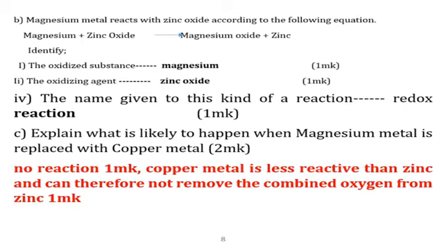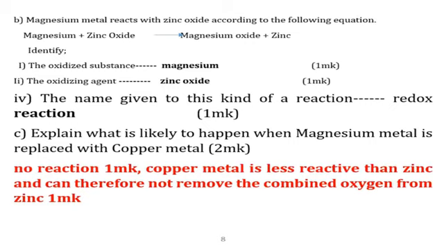So you have magnesium plus zinc oxide. You get magnesium oxide plus zinc. You're told identify Roman 1 the oxidized substance. That one is magnesium. Roman 2 the oxidizing agent. That one is zinc oxide.